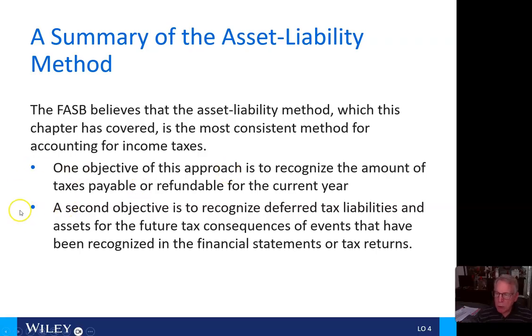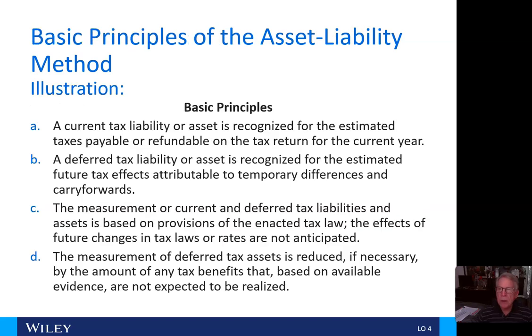And bullet point number 2: a second objective is to recognize deferred tax liabilities and assets for the future tax consequences of events that have been recognized in the financial statements or tax returns.